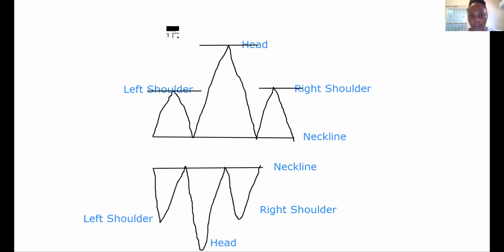Likewise, with the inverted head and shoulder pattern, the left shoulder meets the support. The head also meets the support, and the right shoulder also meets a support.